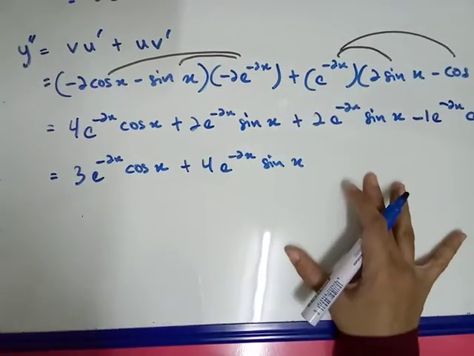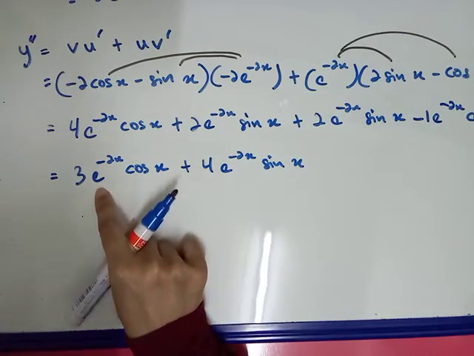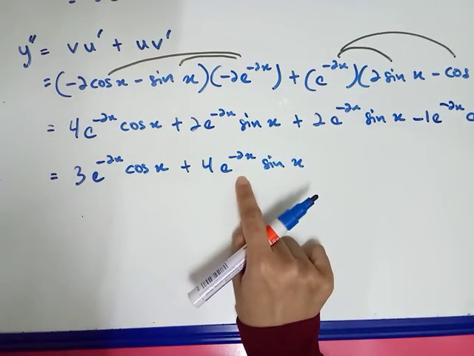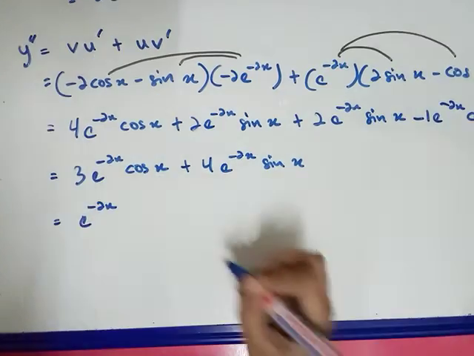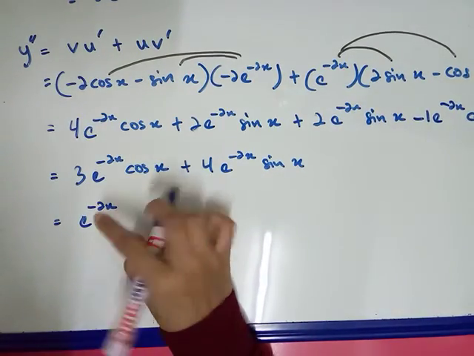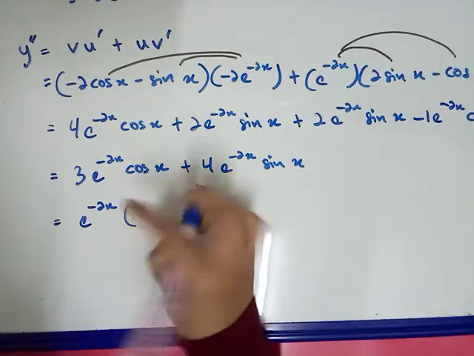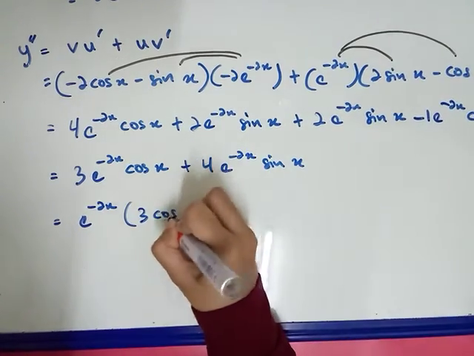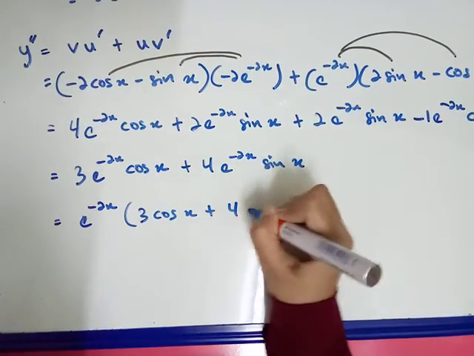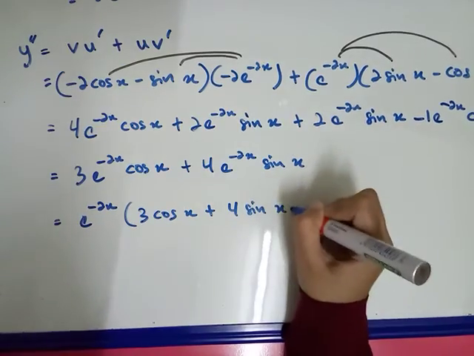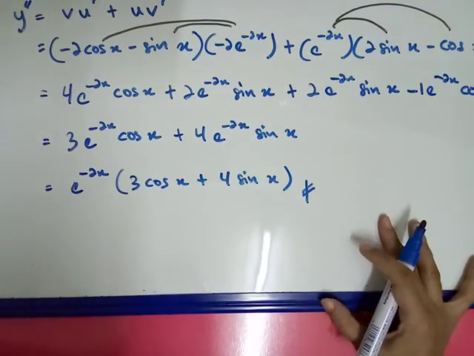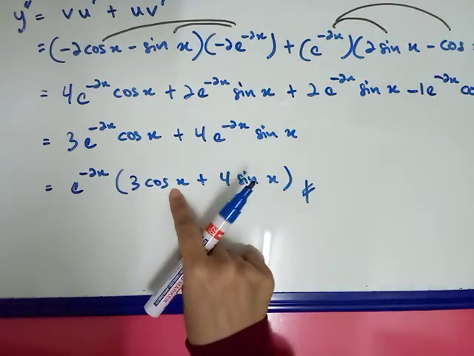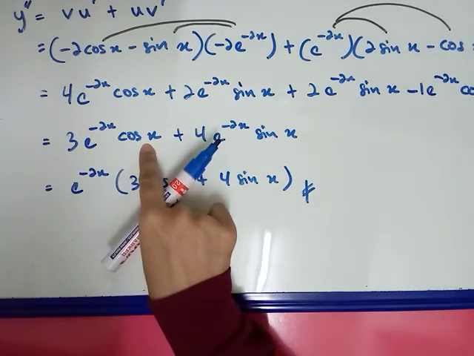Okay, and then what? We see here there is exponent, this one also has exponent, so you can factorize. Exponent negative 2x times 3 cos x plus 4 sin x. So this is the final answer. Exponent negative 2x times 3 cos x, you get 3 exponent cos x.